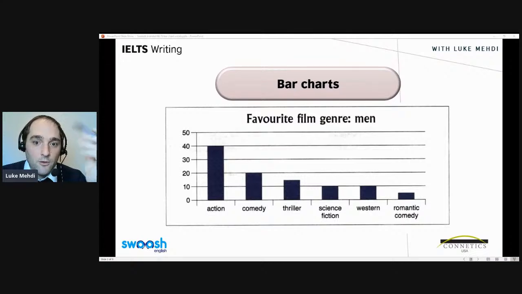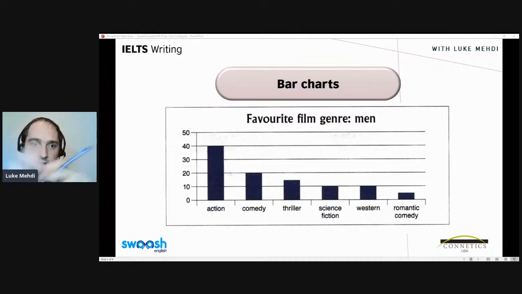Coming in fourth, or the second least popular, were science fiction and Western films, which both had 10% if we look at the y-axis. And finally, the least popular film amongst men was romantic comedies. If you're doing that, that is too much detail, it's repetitive, and it's going to affect your task achievement. And remember, for this task, we would have another group for women as well.